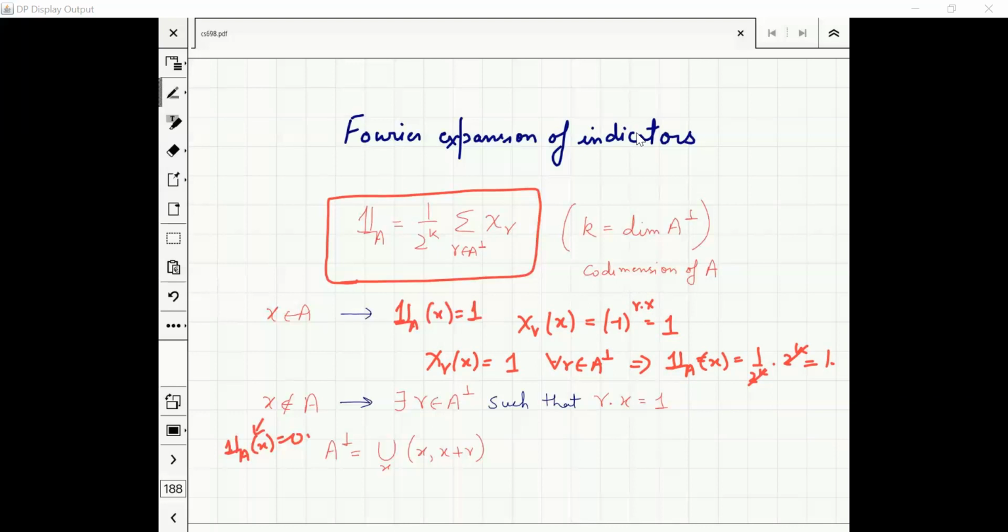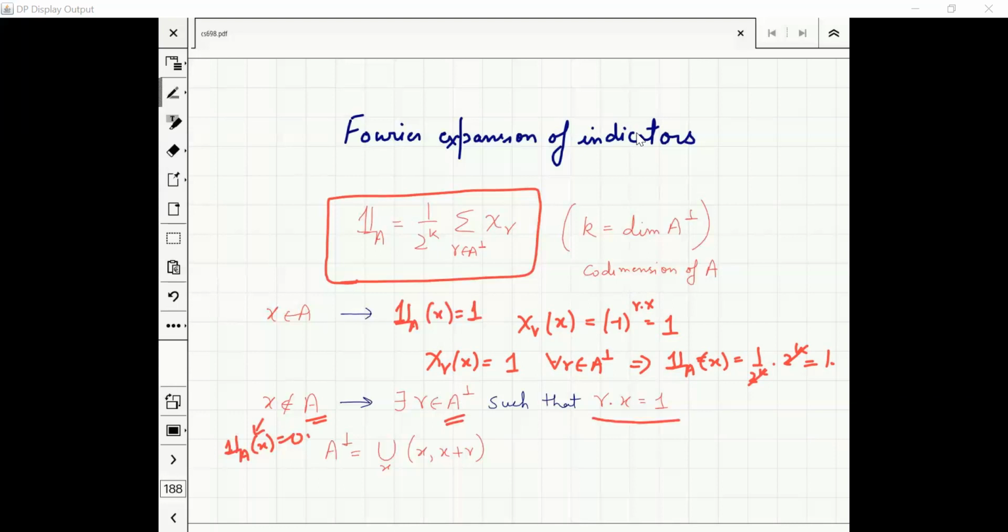When x is not an element of A, it will be a similar argument to what we had seen. We found a coordinate which was non-zero, and then argued that half of the things will give me 1, half will give me 0. The same argument applies here. If x is not an element of A, there exists some element gamma in A perp such that gamma dot x is not 0.